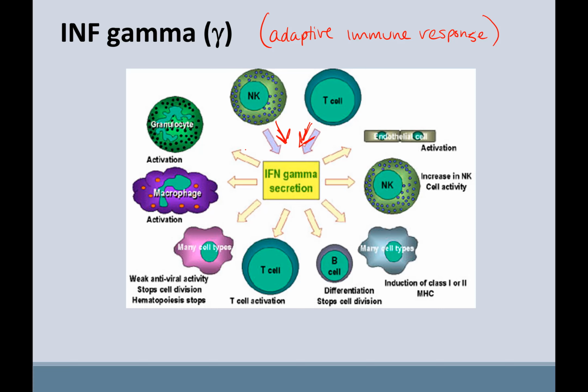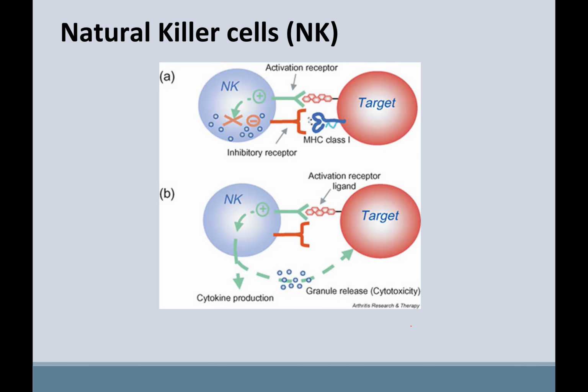Then it stimulates all these other cells, so it gets them activated. It says, all right, we've got an infection going on. Hey, macrophages, we need you to come and chew things up. Natural killer cells, we need you to come. We need our B cells and T cells. So it helps recruit the immune system to the site of the infection. Okay.